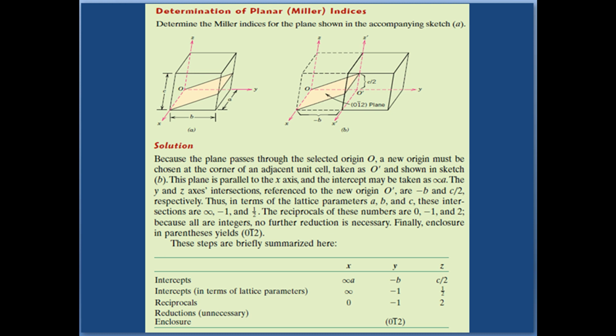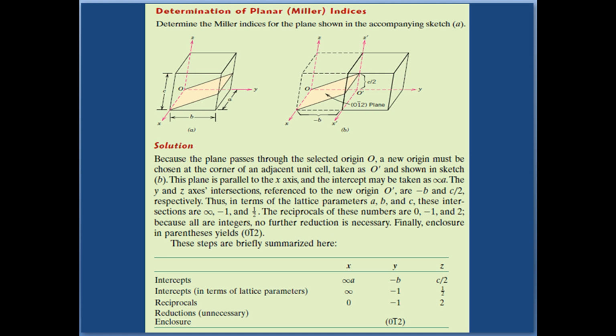If the plane passes through the selected origin, either another parallel plane must be constructed within the unit cell by an appropriate translation, or a new origin must be established at the corner of another unit cell. This is our first step to determine the index numbers.